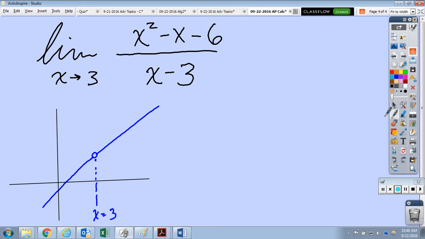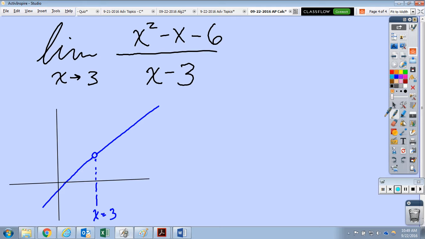If you were writing the equation for the line, you would say y equals this, and it could look something like this, or there is a hole at 3.